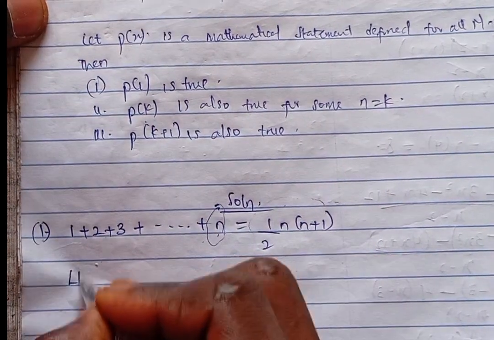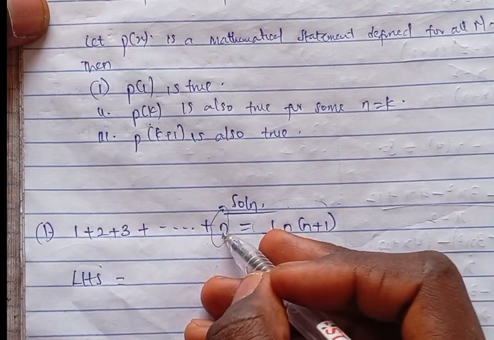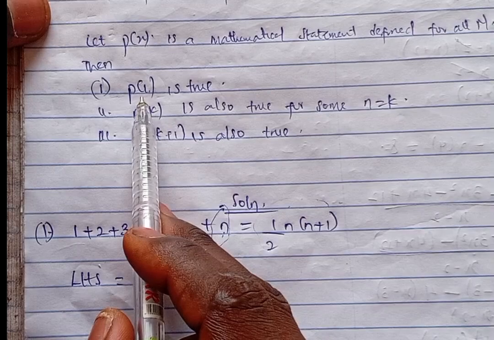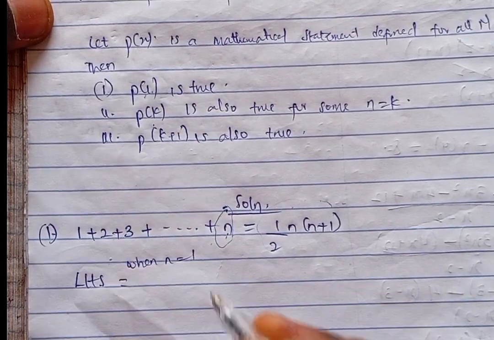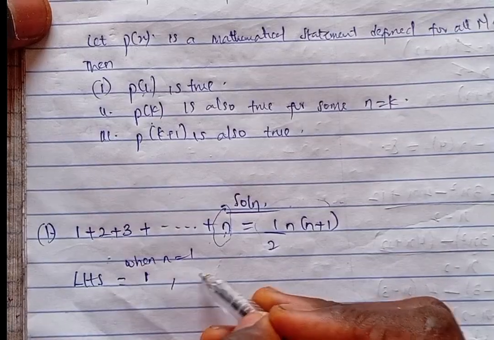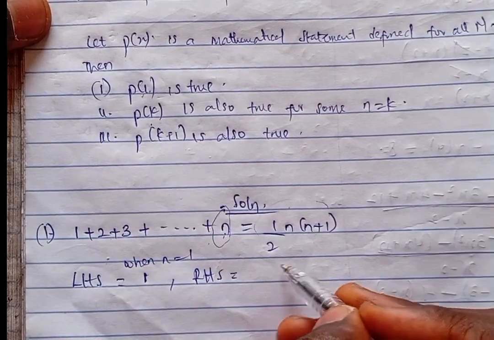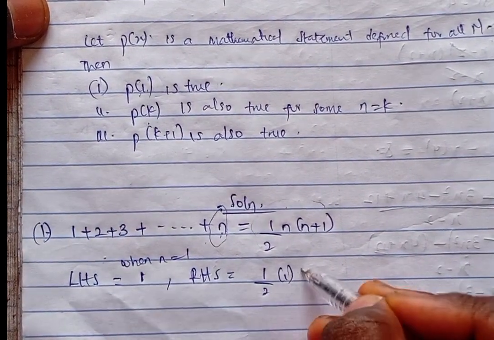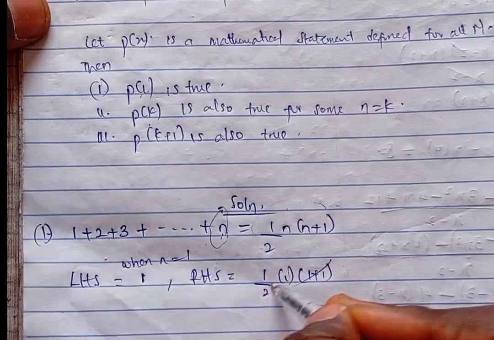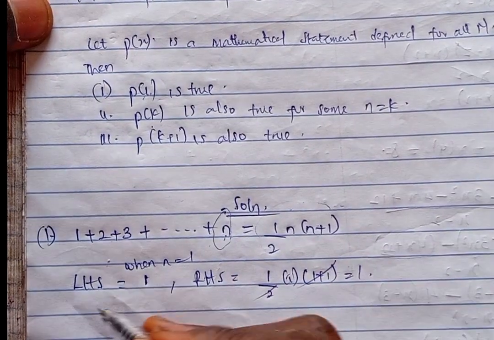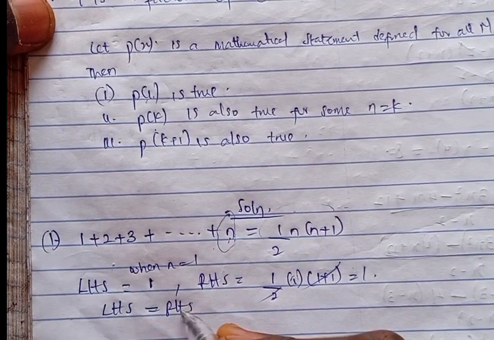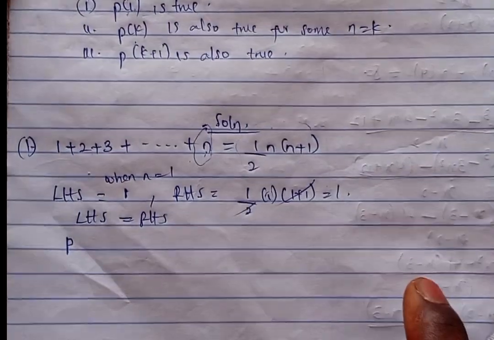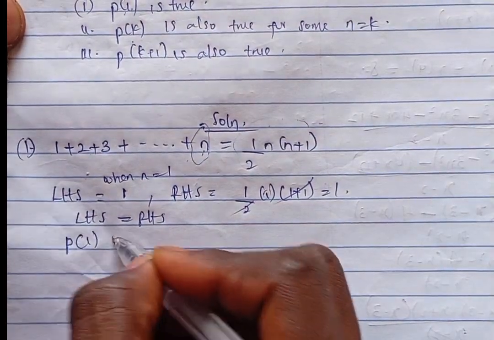For P(1), when n is equal to 1, the left hand side will be 1. Your right hand side is 1 over 2 into 1 plus 1, so 2 can cancel 2, and you have 1. So left hand side is equal to right hand side, and that means P(1) is true.